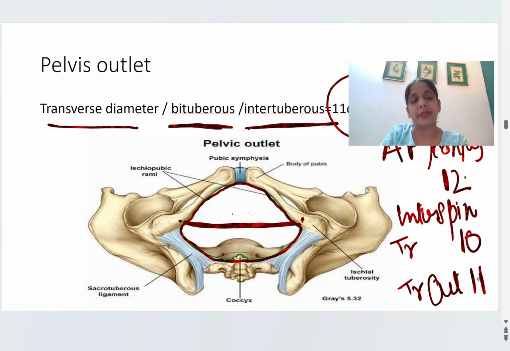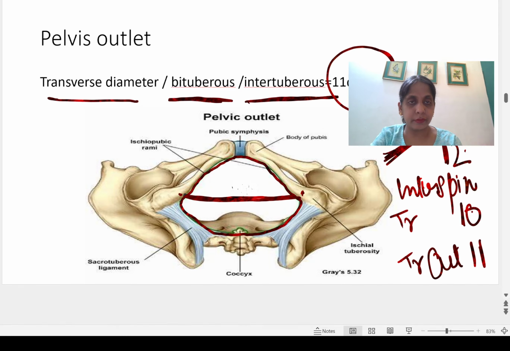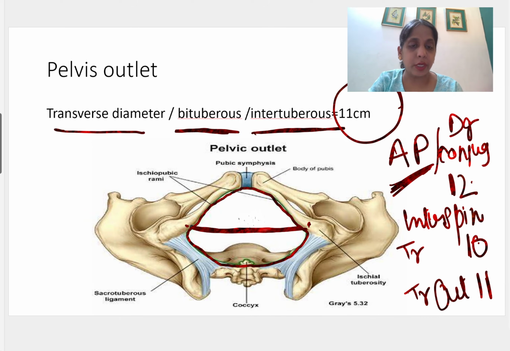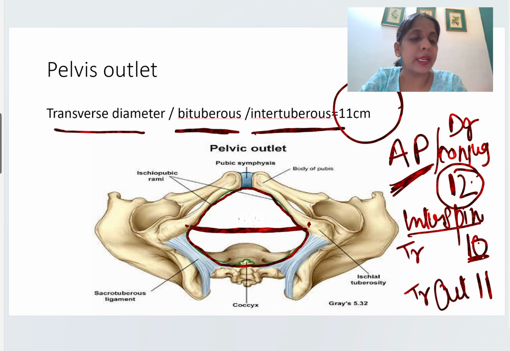So 12, 11, 10. But here you have to see that the inlet is anteroposterior, 12, the interspinous transverse is 10, and the outlet transverse is 11.